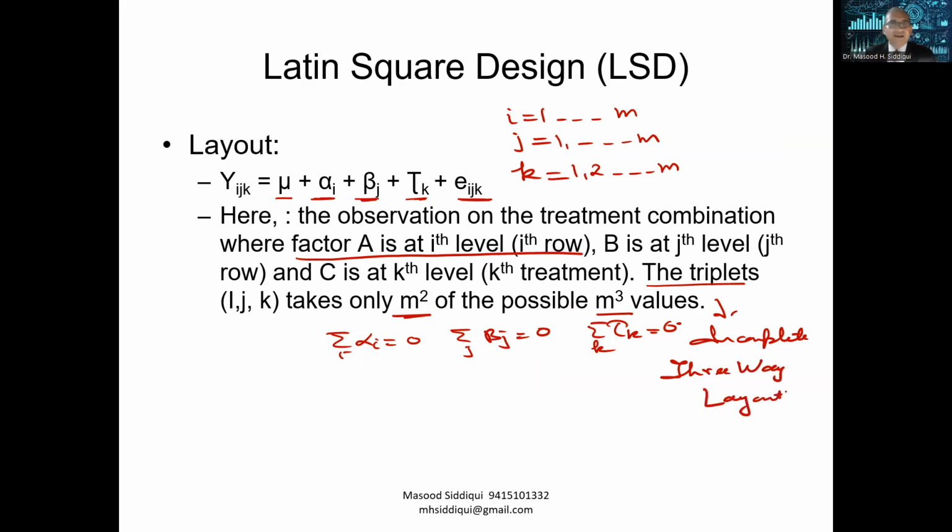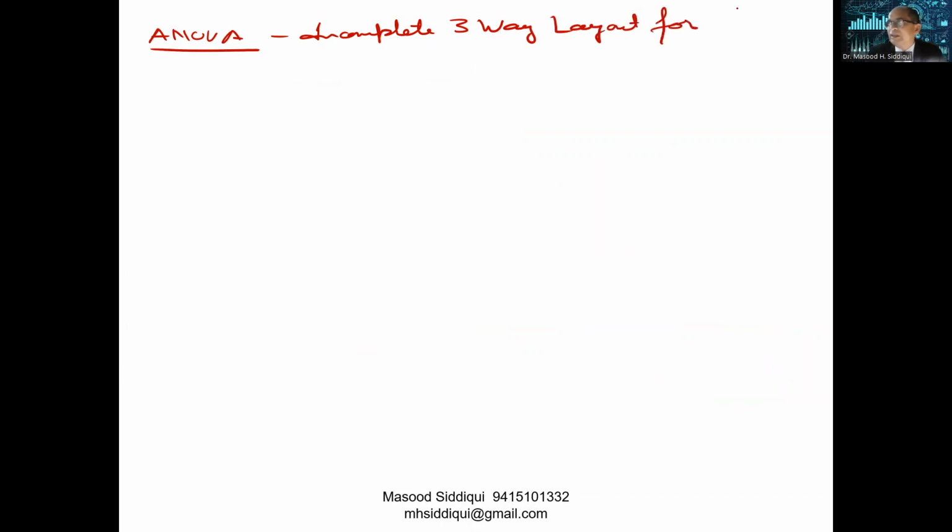Now I am taking one more slide to explain the ANOVA table for this case also. So now we are discussing ANOVA for an incomplete three-way layout for the Latin square design.